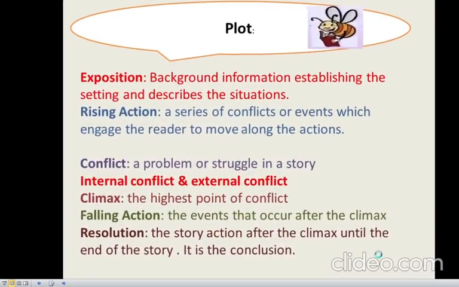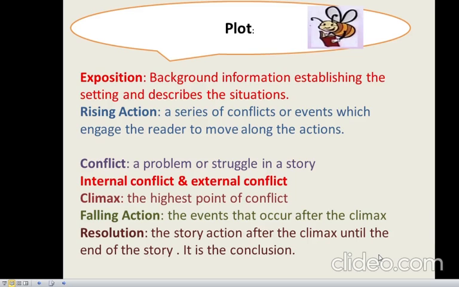Okay, and we said that it is very important to know the point of view. As I told you, a plot has some pieces of its own as well. And these elements of a plot are exposition, rising action, conflict, climax, falling action, and resolution.